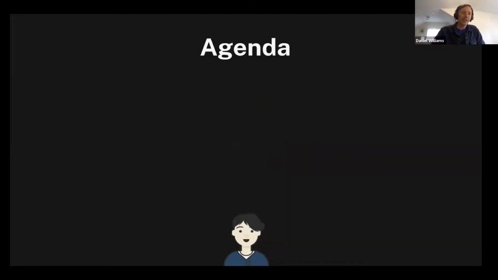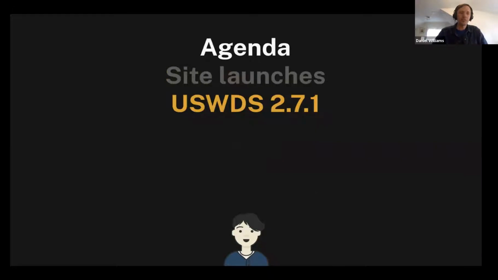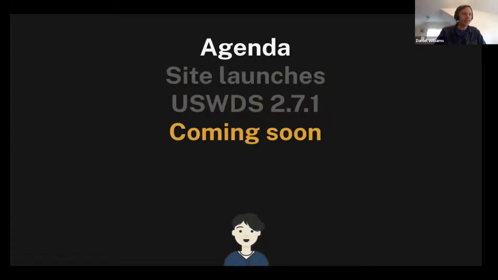We've got a great hour planned, starting with a couple notable site launches, and then a look at some of the improvements we just released in US Web Design System version 2.7.1. And then we'll review a few of the components and new work that is coming in the next few weeks.